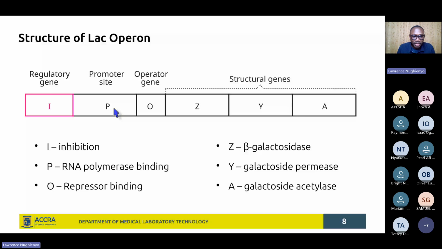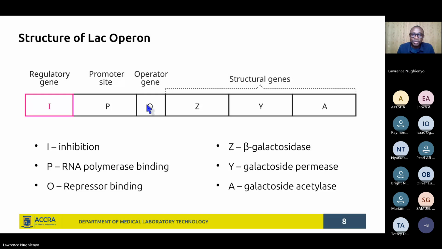Then you have the operator region, which is responsible for the repressor. The repressor will come to bind onto it and control the expression of this whole gene. If a repressor comes to bind onto that operator region, the gene is not going to get expressed.